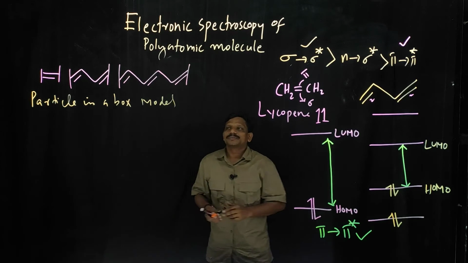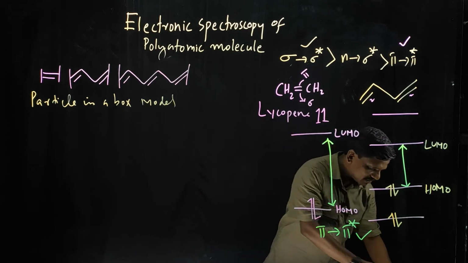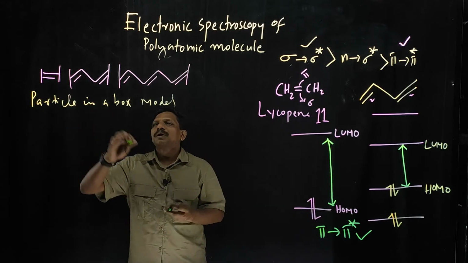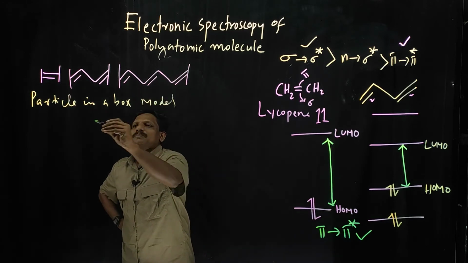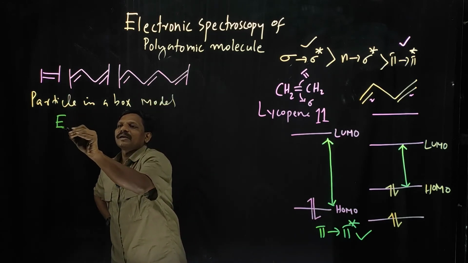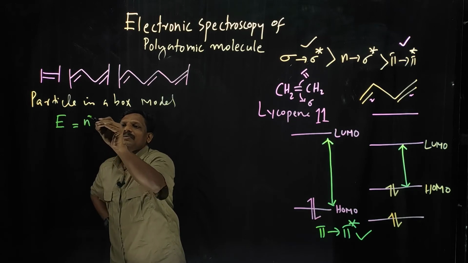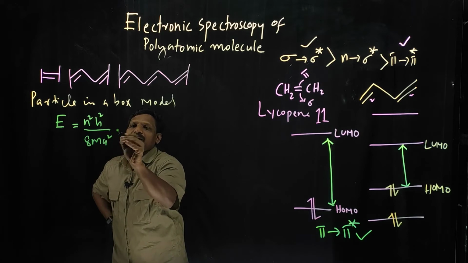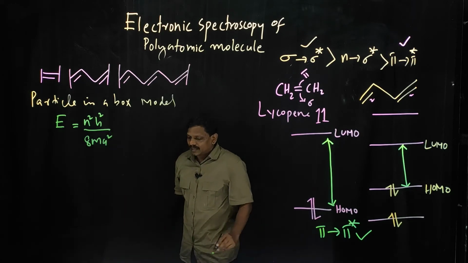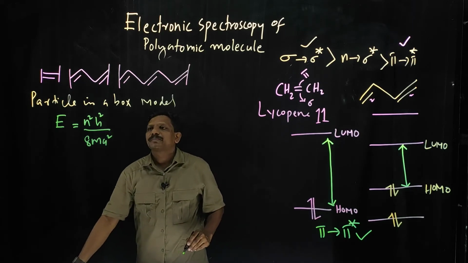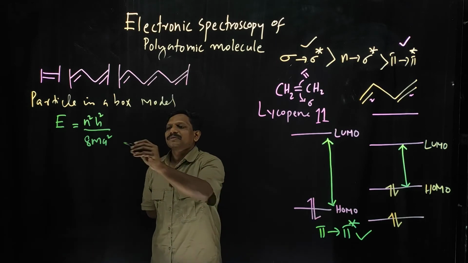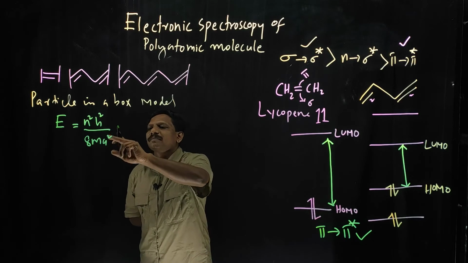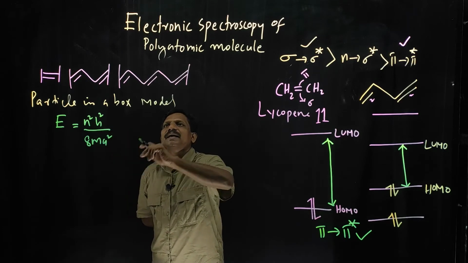What is the use of this model here? In the particle in a box model, there is an equation for energy: E is equal to n square h square by 8 m a square. Here n is the principal quantum number, h is Planck's constant, m is the mass, and a is what?